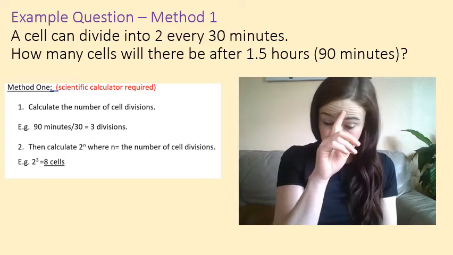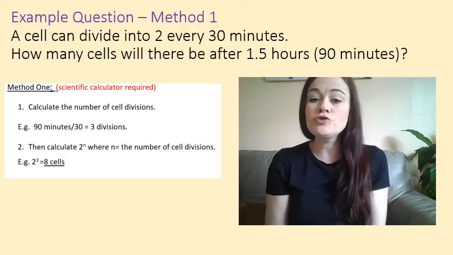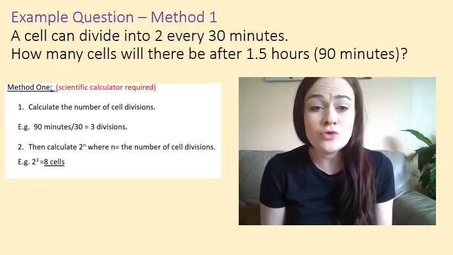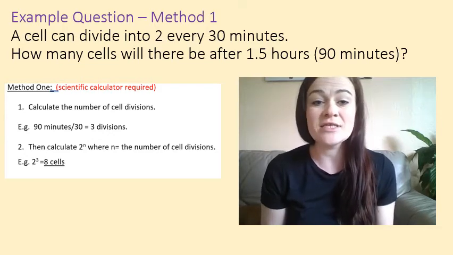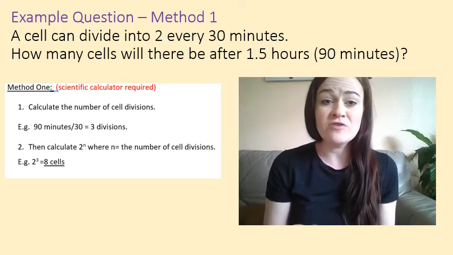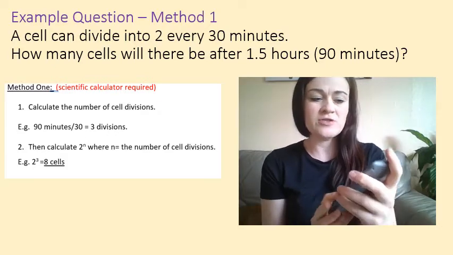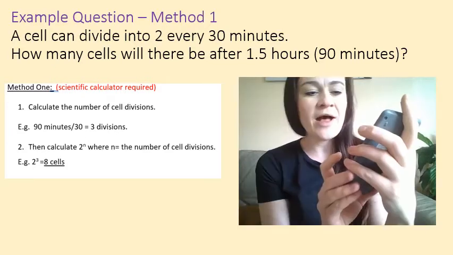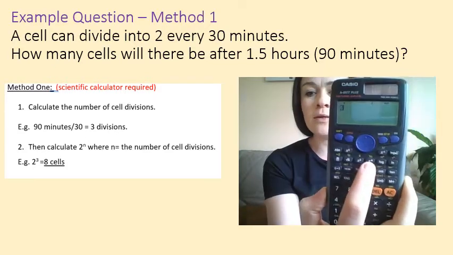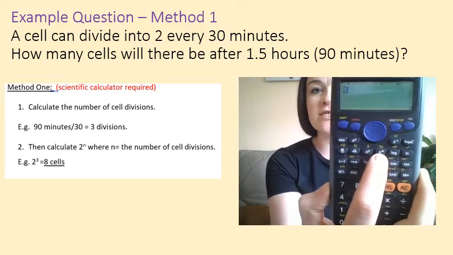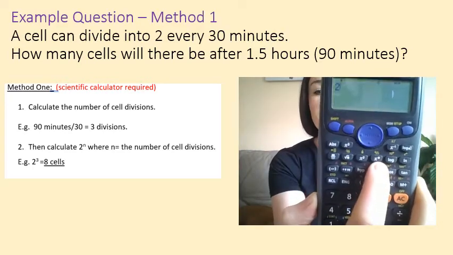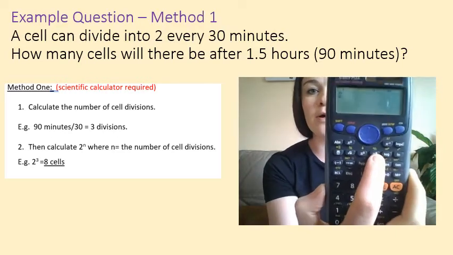Right, step 2. You're going to use the formula 2 to the power of n, where n is the number of cell divisions. Now we've just worked out that's 3. So what you'll do is you'll press 2, and then in this calculator you're going to press the button that says x to the power of a little square. Sometimes that might be x to the power of y.